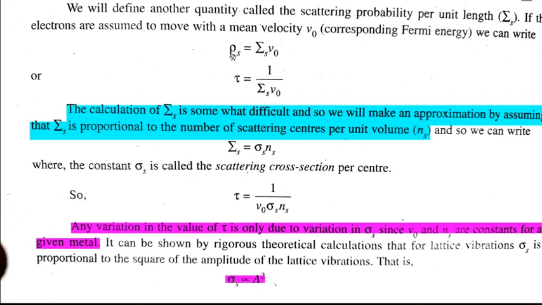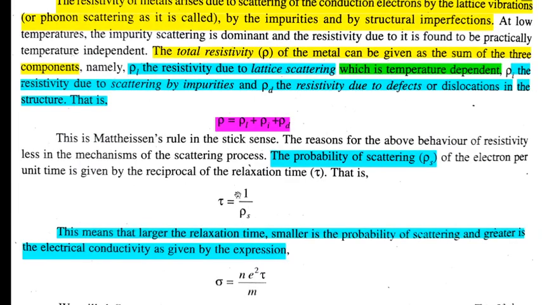Now as you are aware, relaxation time is inversely proportional to the probability rho s, which we have seen in the previous relation. Let me take you there. Tau is 1 over rho s.